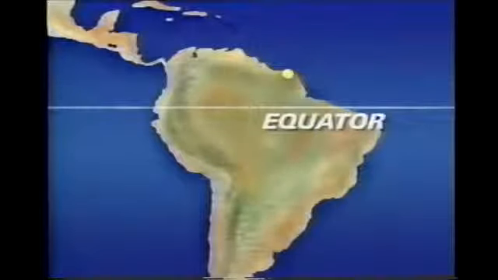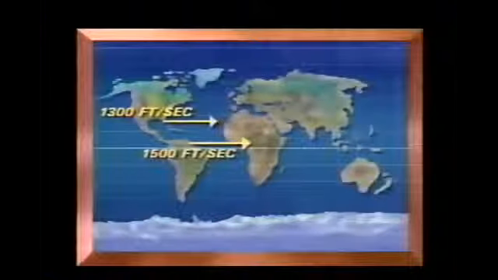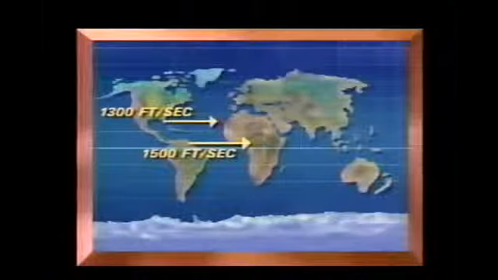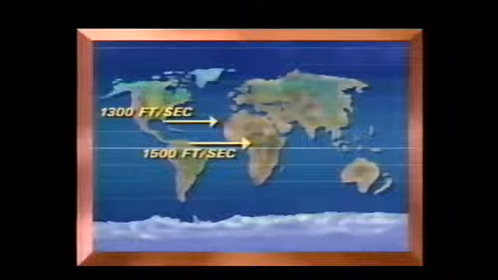Launches due east from a position on or near the equator, such as the Kourou launch site in French Guiana, used by the European Space Agency, acquire the advantage of a free velocity gain of about 1,500 feet per second. This compares to the approximate 1,300 feet per second gain available at the further north latitude of the Kennedy Space Center.